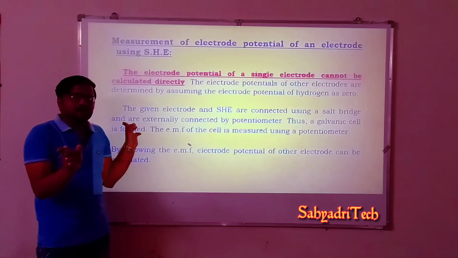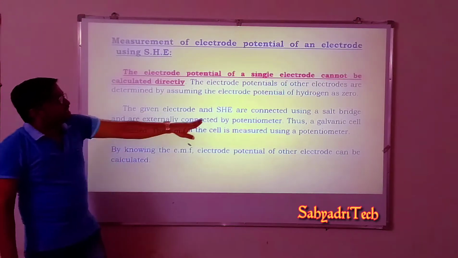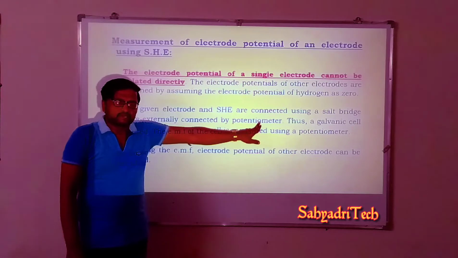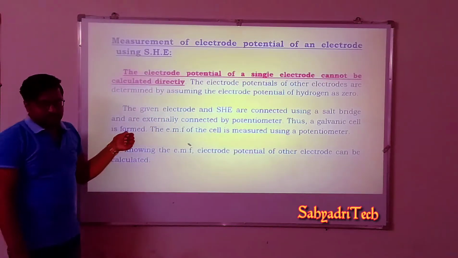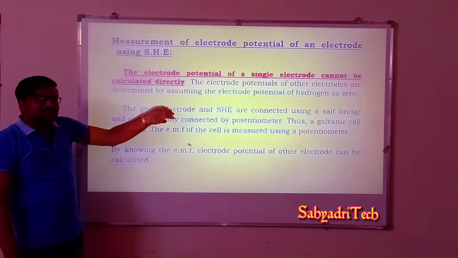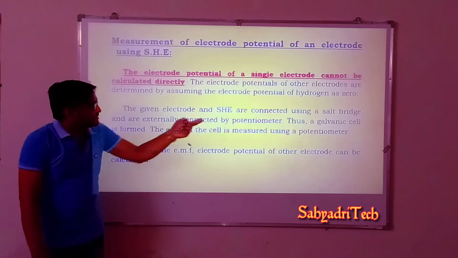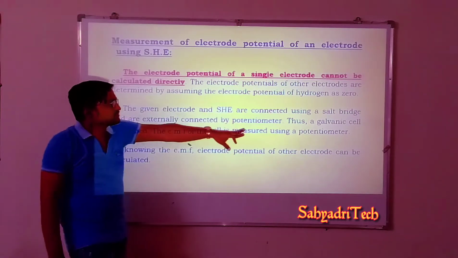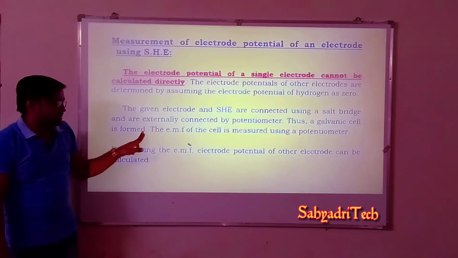Both the electrodes are connected by using a salt bridge and are externally connected to a potentiometer. Thus a galvanic cell is formed. So two half cells are externally connected to a voltmeter and the solutions are connected by means of a salt bridge. So the resultant will be a galvanic cell.